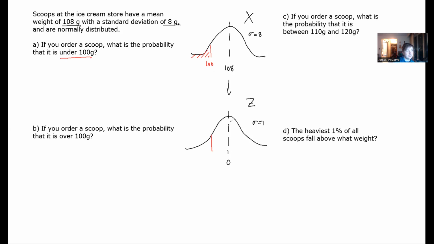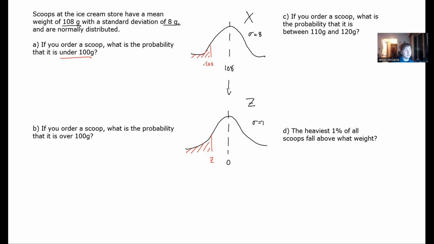And so what that means is I know what the 108 becomes. That becomes a 0. But what does the 100 become? It becomes some z-score. These areas should be the same. This is the whole idea here of normal distributions using the table that we're going to use: if we convert from whatever distribution we've got to the standard normal distribution, then we can look up the standard normal table. And that table will have all our answers for us.